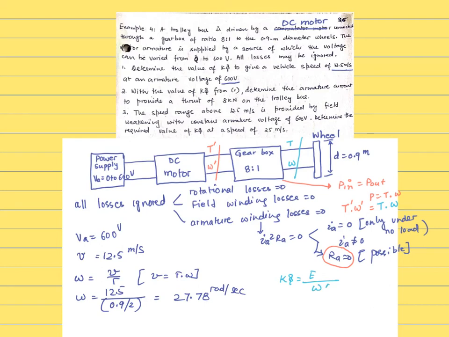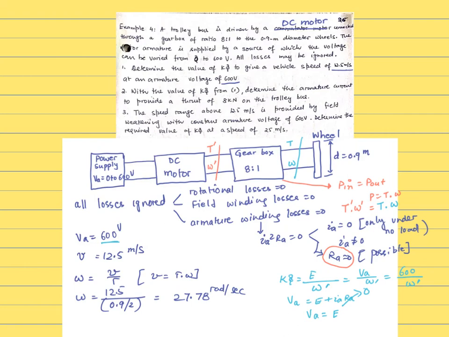So for a motor the equation is VA equals E plus IA RA. And since RA is 0, you have VA equals E. So K phi is going to be VA over omega prime. VA is known as 600 volt and omega prime is not known, right?